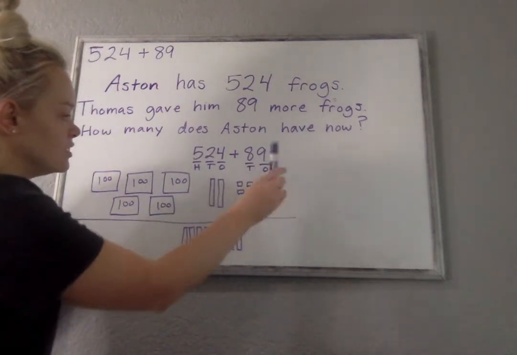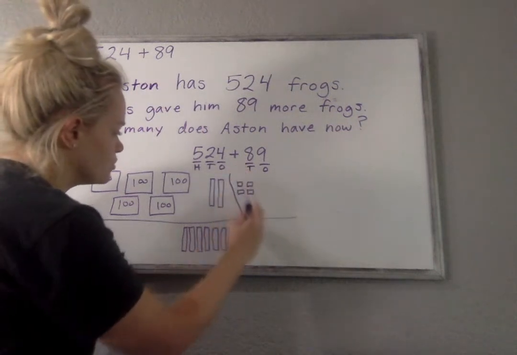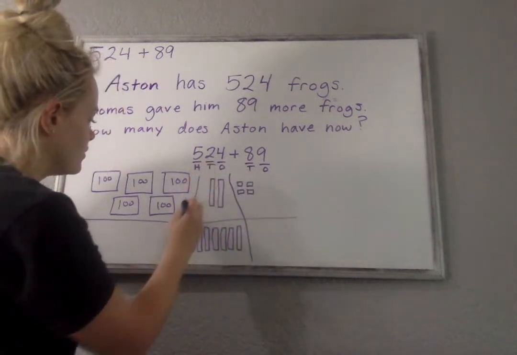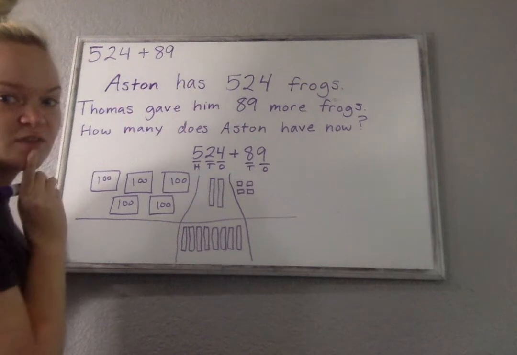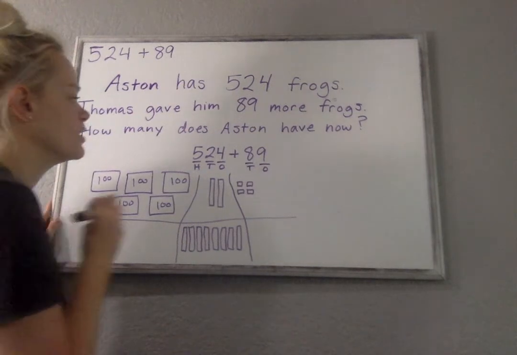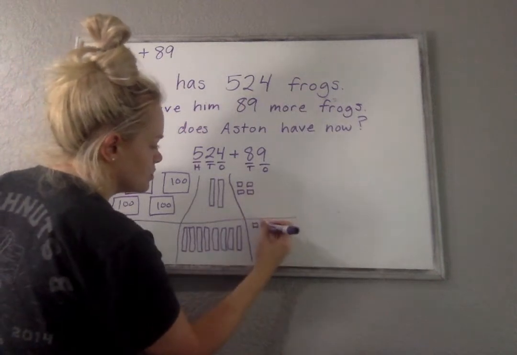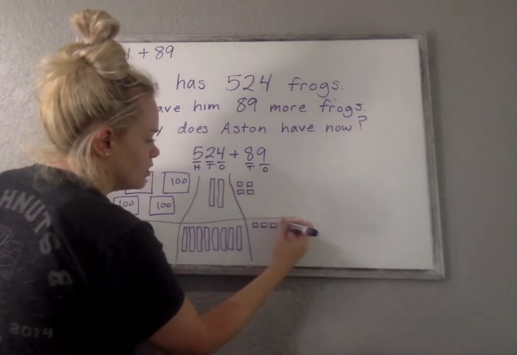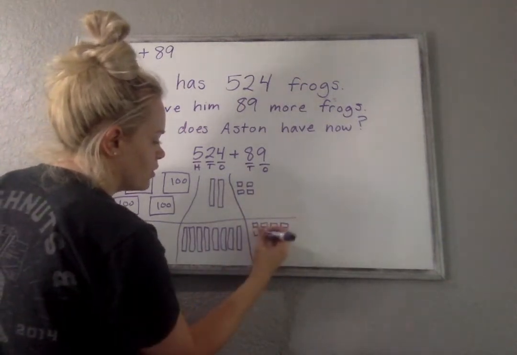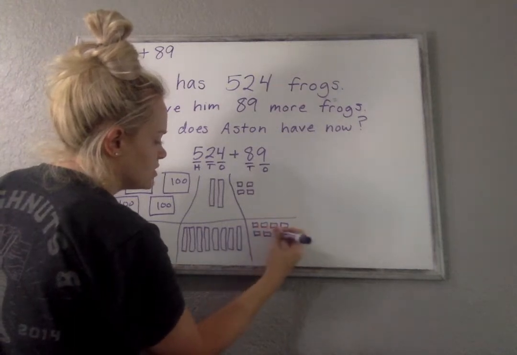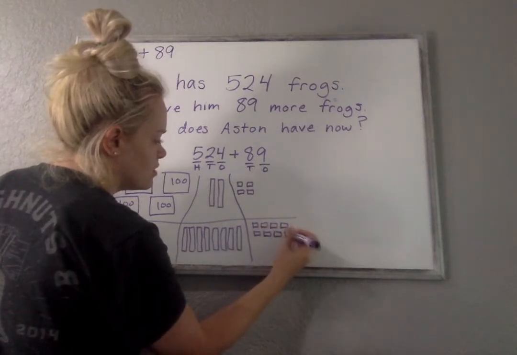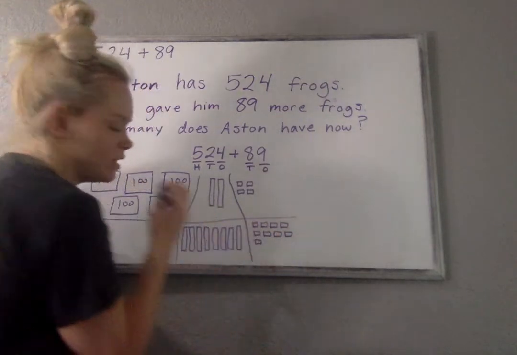Now I need to draw 9 ones. I'm going to draw a line right there and over here, just for the sake of keeping those separated so I can see things better. So I'm going to draw my 9 ones. 2, 3, 4, 5, 6, 7, 8, 9.